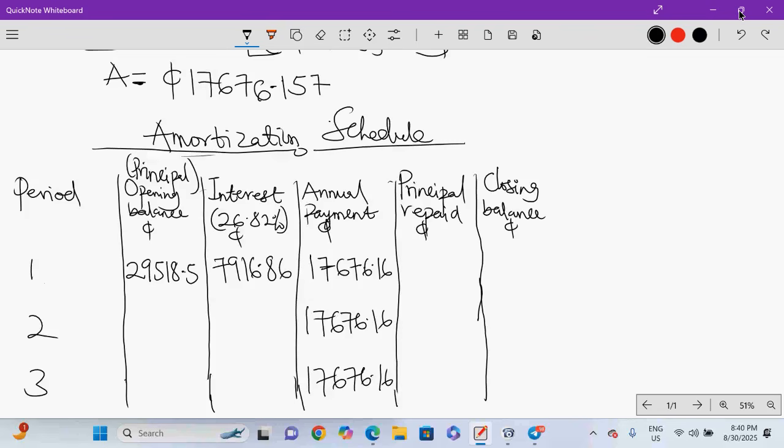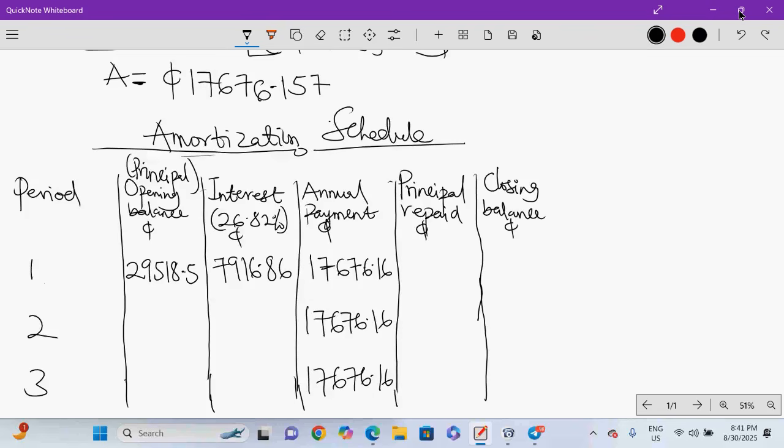So this amount includes both the interest and the principal. We are making equal annual payments of 17,676.16. When we make this payment, we are paying both the principal, which is the loan, and the interest on the loan.